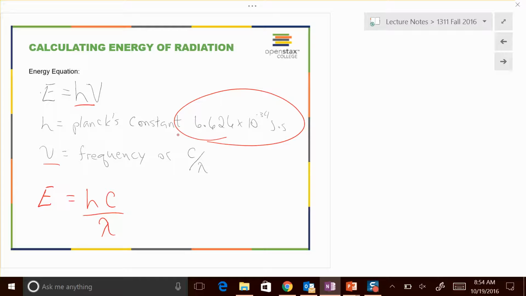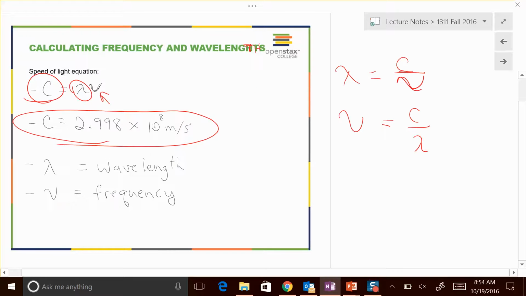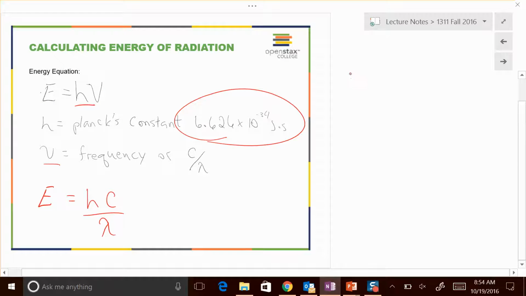Which is essentially the questions we had earlier. What is the wavelength or what is the frequency? So here we just have what is the energy. Energy is equal to either this or this. If I want to find the wavelength, then I'm going to have hc over E. Or what is the frequency?